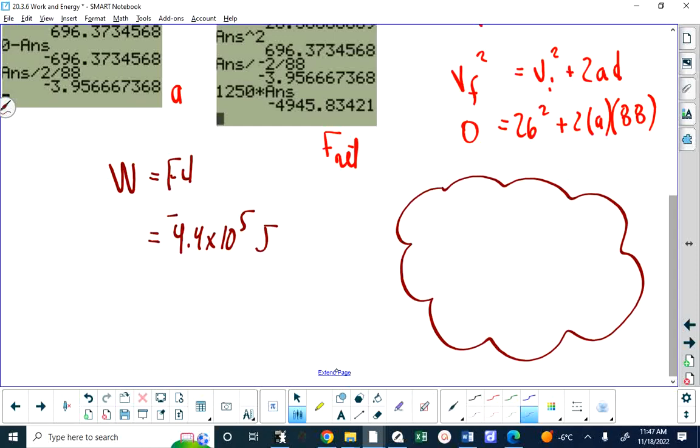Declan? It's kinetic energy. Do you happen to remember the formula for kinetic energy? It's 1/2 mv squared. So kinetic energy is 1/2 mv squared.